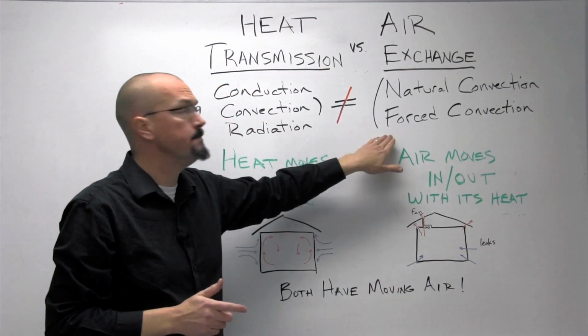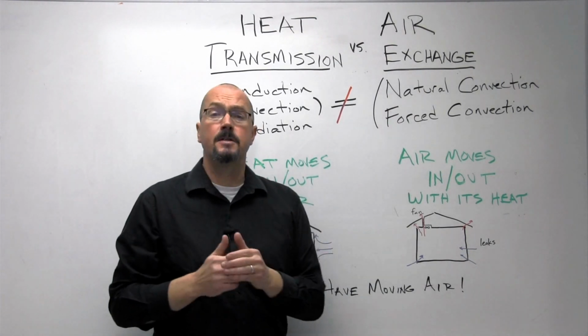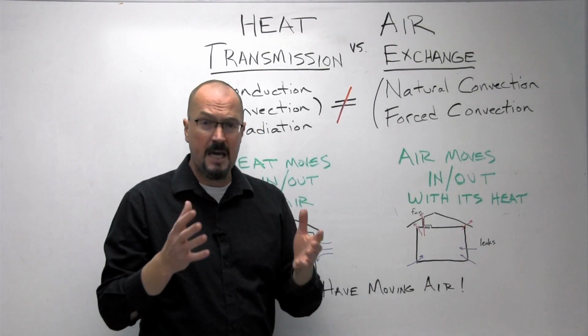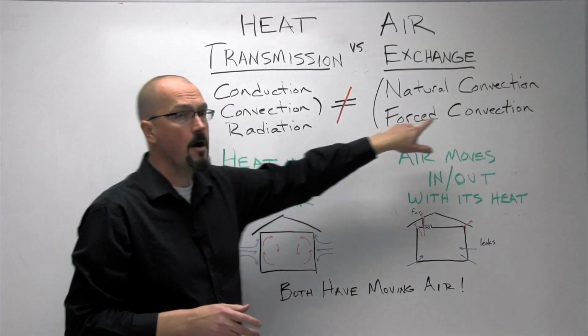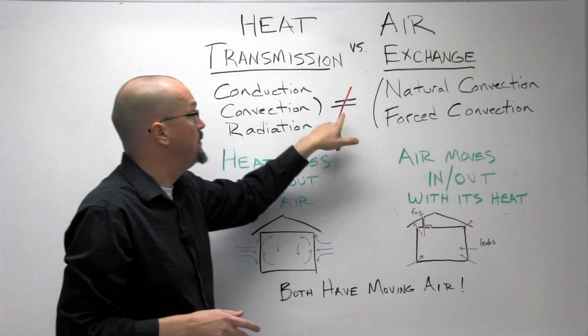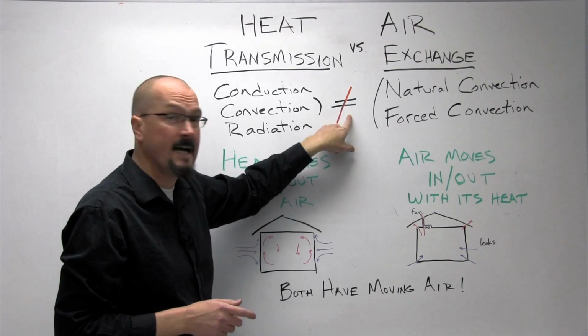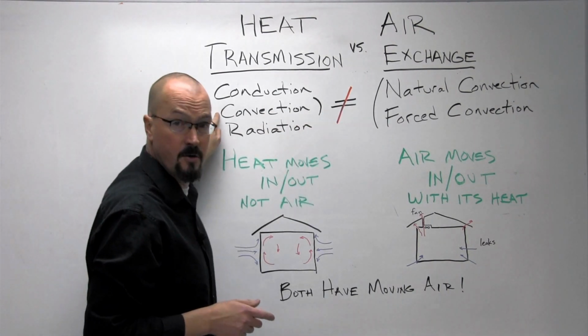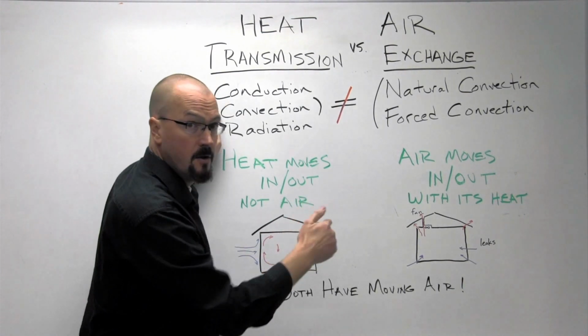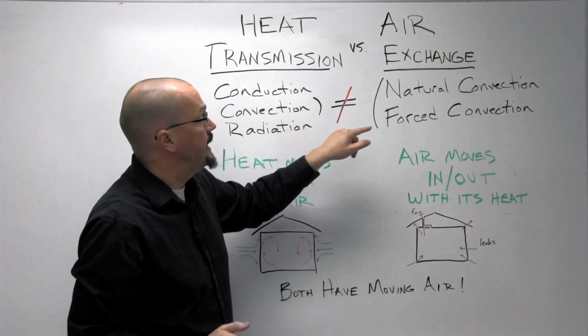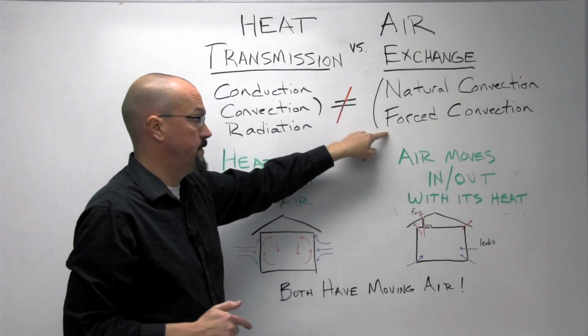It's what it's called. Forced convection is moving air with a fan, mechanically assisted convection. So anytime you have moving air, you can use the word convection, but these two uses of the word are not the same. This is heat transfer across a surface without the air leaving the building. This is just air movement.